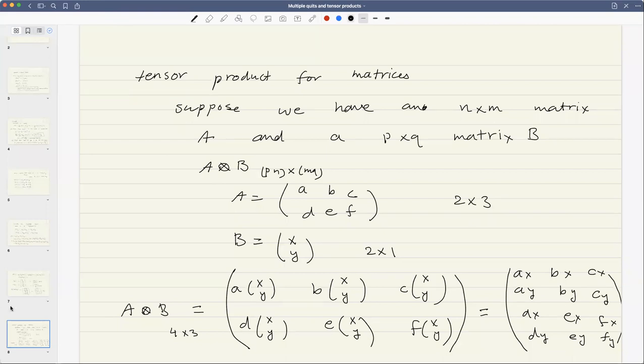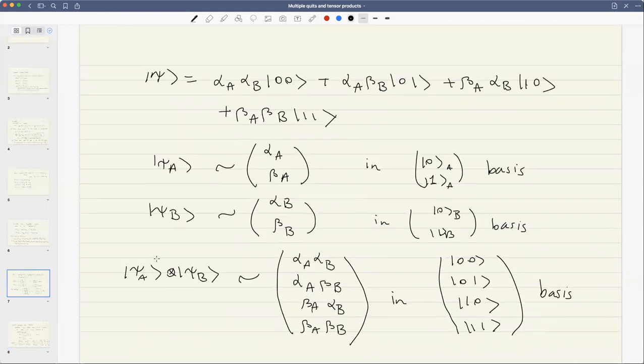So just to check that these work, let's go back here. So if you think about the representation here, if I just take this 2-by-1 matrix, this column, and do a tensor product by this 2-by-1 matrix, how would I do it?